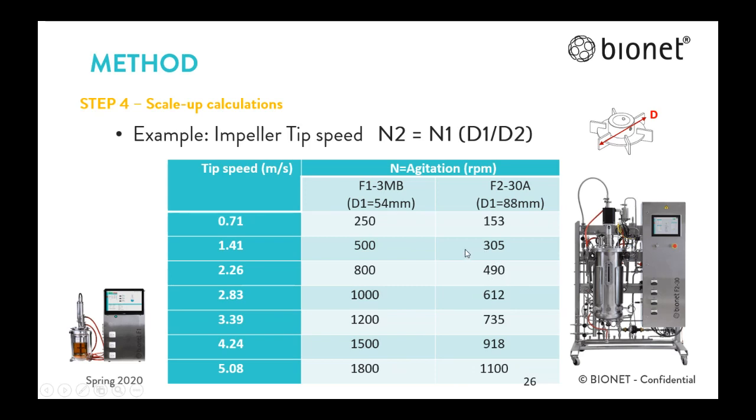We are applying 60% more impeller tip speed at 30 liters than at 3 liters. Instead of giving 1.4 meters per second, we are giving 2.26 meters per second.